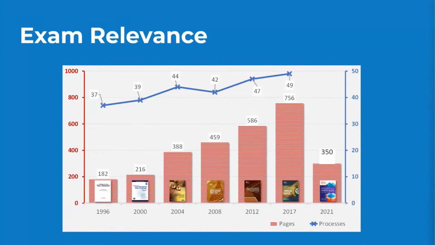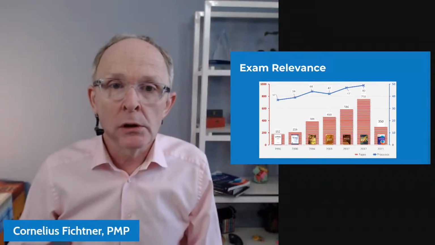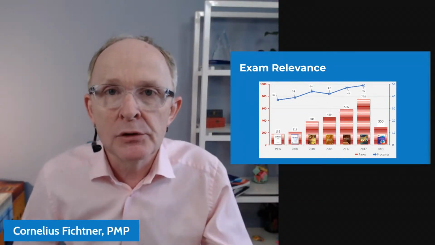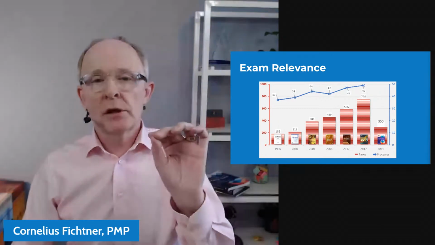So if you are a project manager newcomer and you read PMBOK Guide 7, 350 pages, then you will be left wondering. It's like, okay, I now understand the principles, but my boss is telling me to create a schedule. How on earth do I create a schedule for my project? Not discussed.